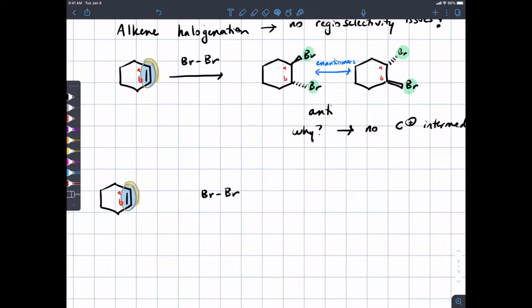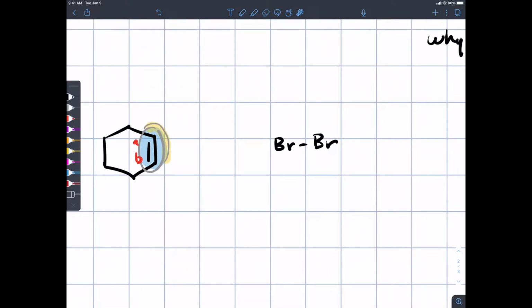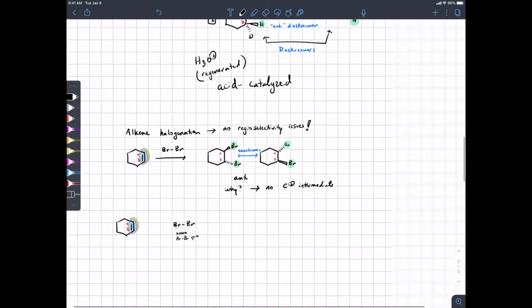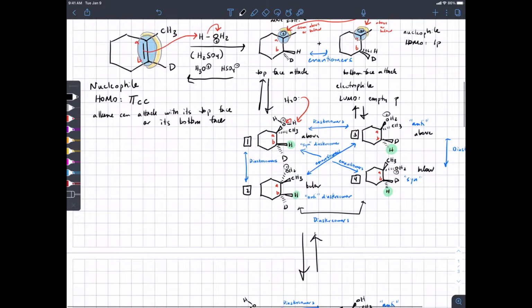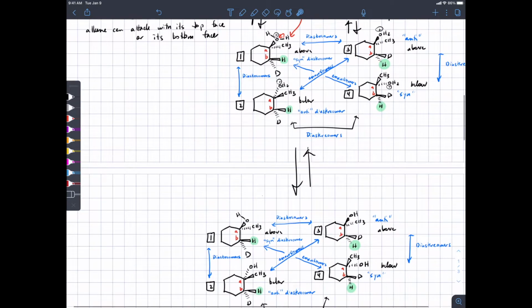All right, the HOMO of the alkene is the pi electrons. And the LUMO of Br minus is the bromine sigma star. Now, if we were doing this reaction just like we did hydrohalogenation or hydration, you would expect the pi bond to attack one of the Brs to give you a Br on one side and a carbocation on the other side.